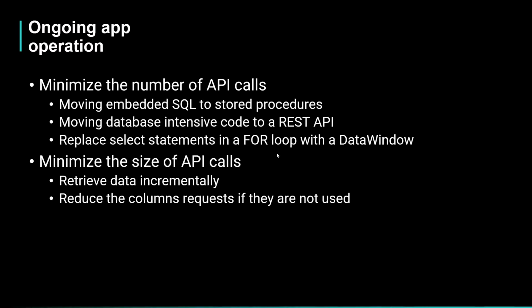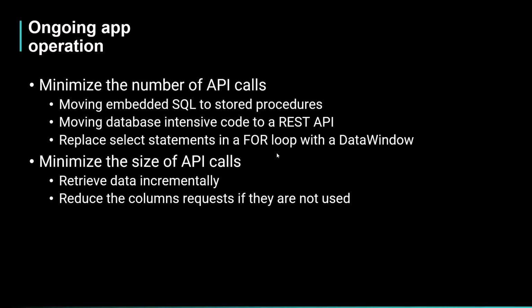The other thing you can do, in addition to looking at the number of API calls, is the size of the API calls. The API calls cause a large impact, not only due to the number of them, but due to their size.